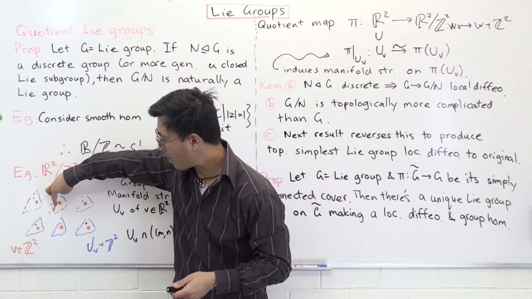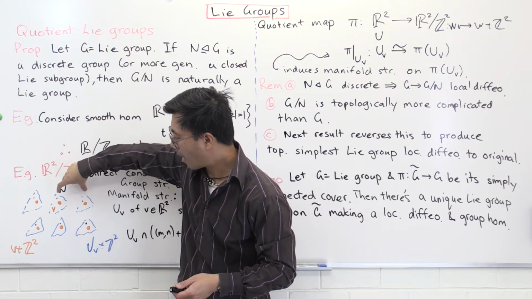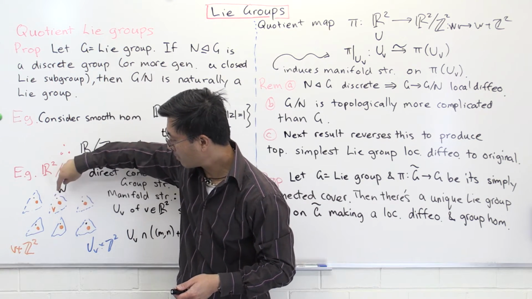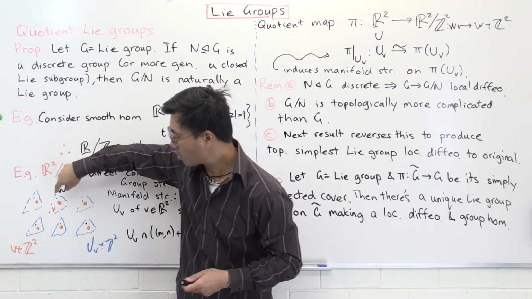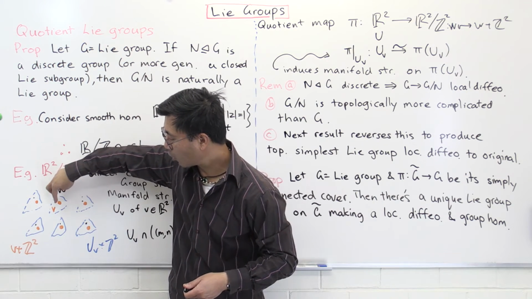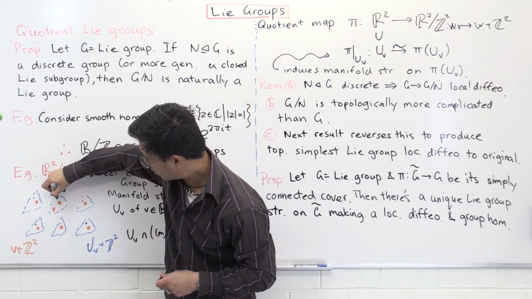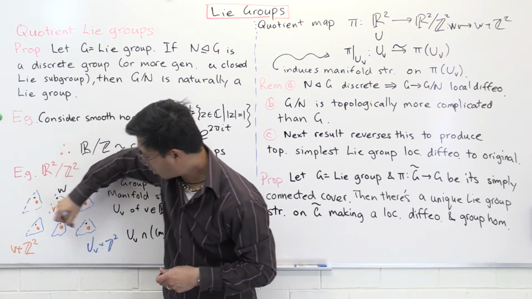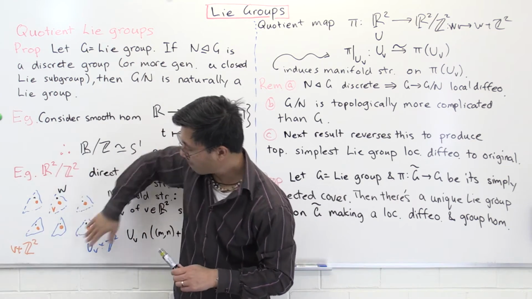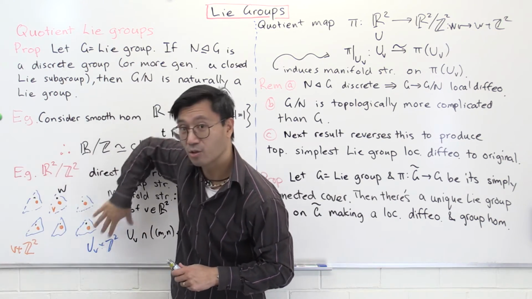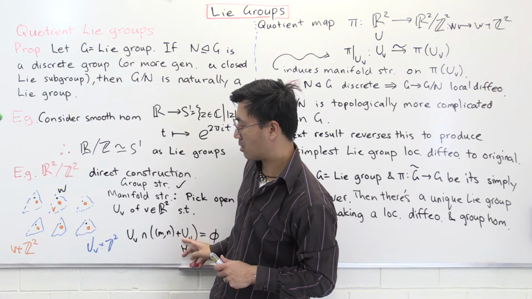If they got mapped to the same element, that means they have to be an integer apart, so they have to be in the same coset of Z2. But all the things in the coset of W are these black dots, which are in different blue triangles, so they're different translates.